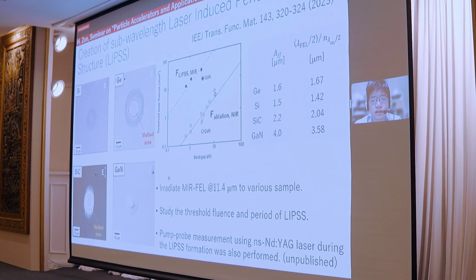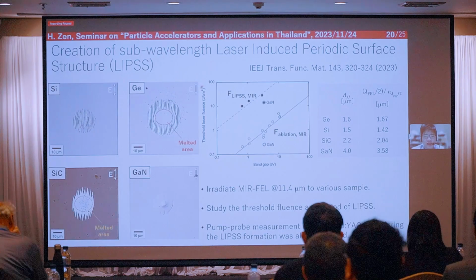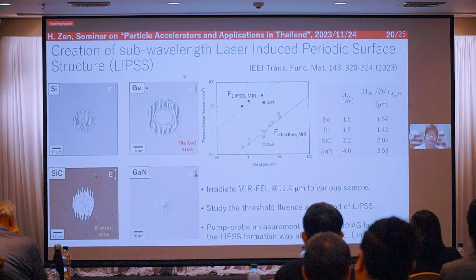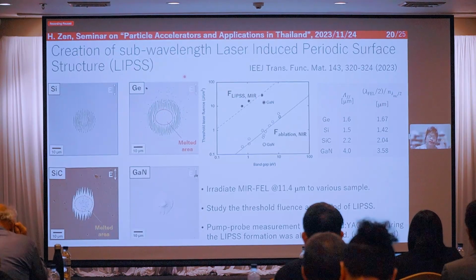And next I move to the creation of subwavelength laser-induced periodic surface structure, LIPSS. It was known that when a femtosecond laser irradiates a semiconductor sample, the subwavelength structure can be created.